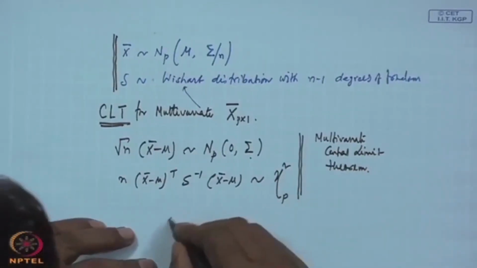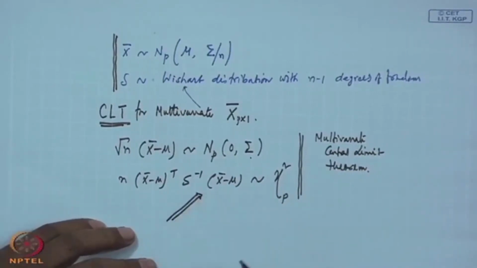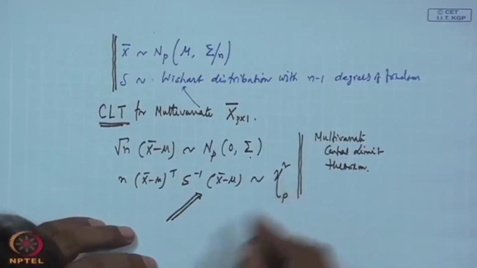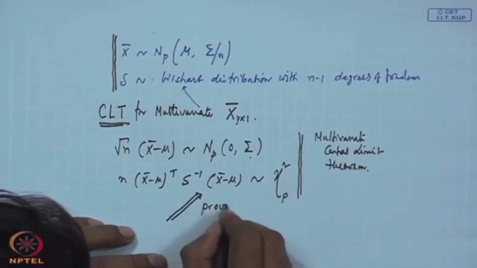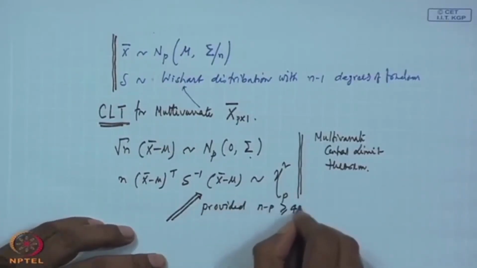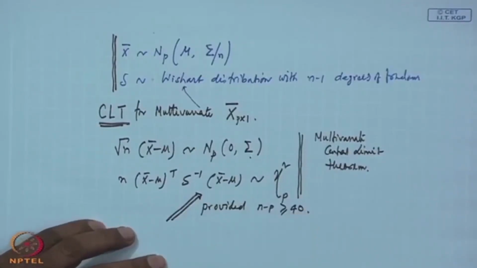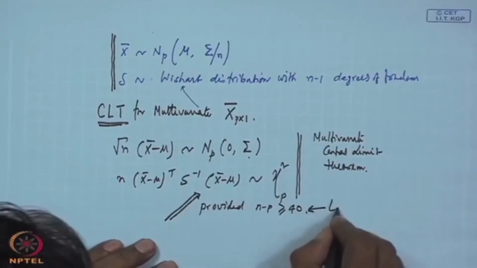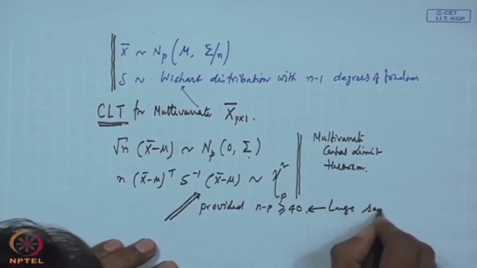This second part follows a chi-square distribution provided n minus p is greater than or equal to 40, that is, a large sample.